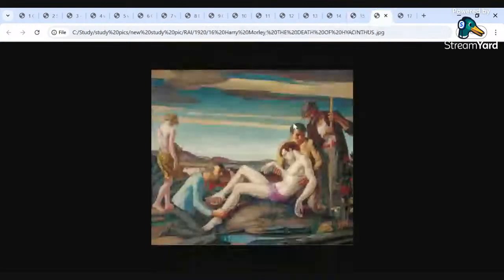Great. So on to another, what I think is one of the more important pieces of work at this year's show, and it's done by a guy called Harry Morley. Now Morley is 39 by this time period.